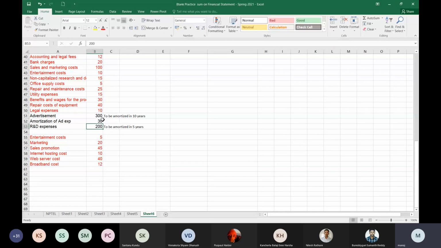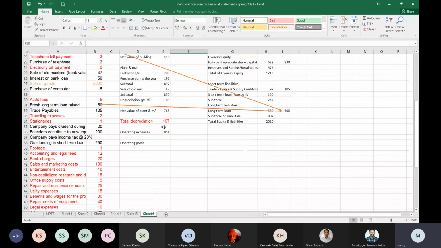So this is this year's amortization. Similarly, you write amortization of R&D expenses is equal to this divided by 5 because we are amortizing in 5 years. So this guy becomes red. So is this guy. Function F4.